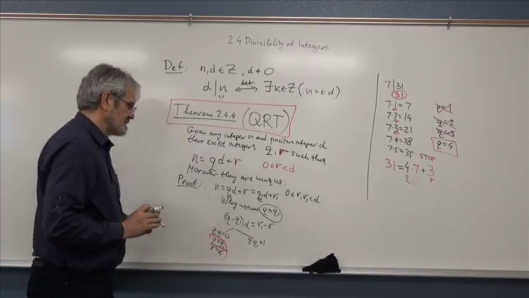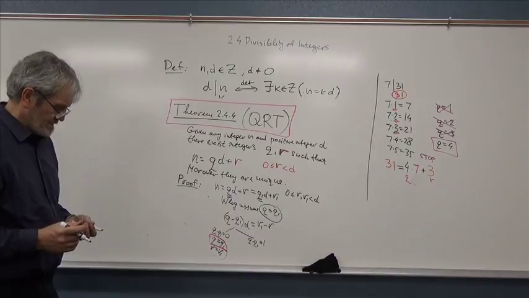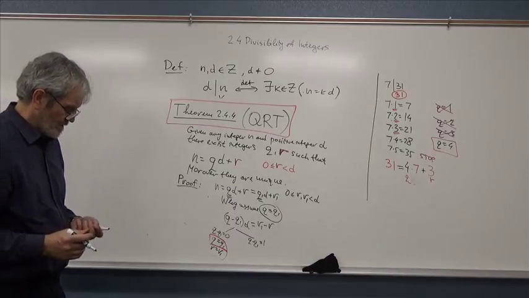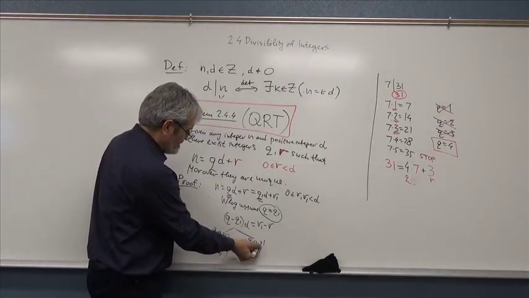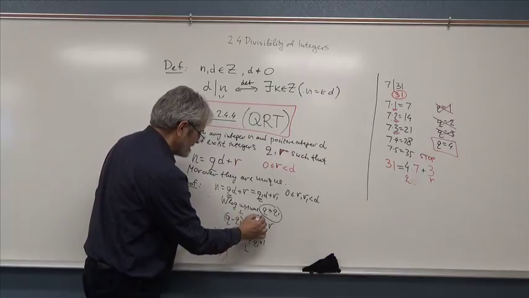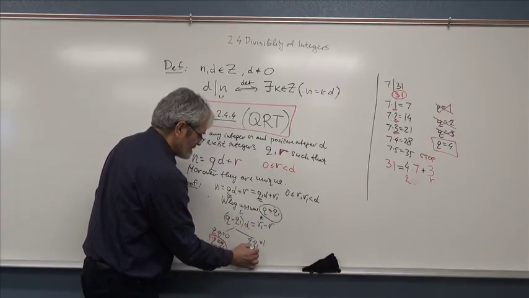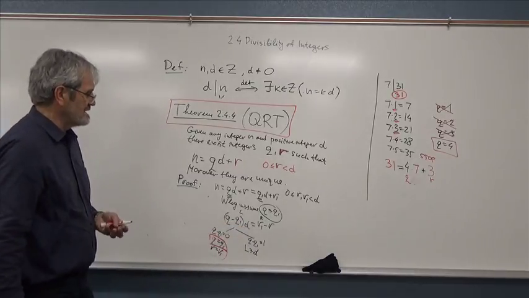So that's exactly what we want, that they are equal, that it's unique. What if q minus q1 is greater than or equal to 1? That will give us a contradiction. Why? Look at this, q minus q1 times d. If this is at least 1, the left side is greater than or equal to d, because it's at least 1 times d.